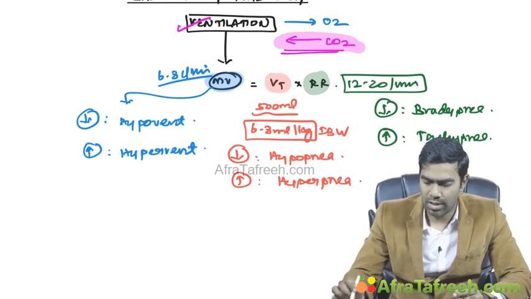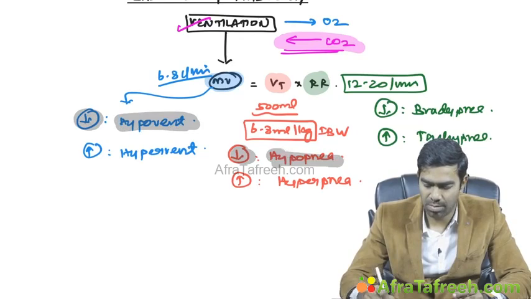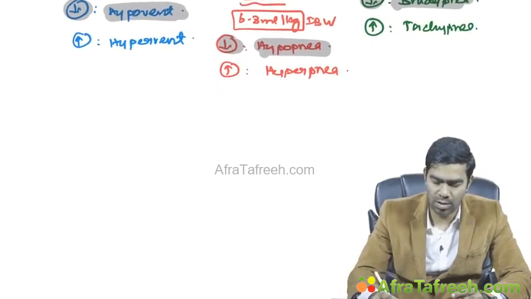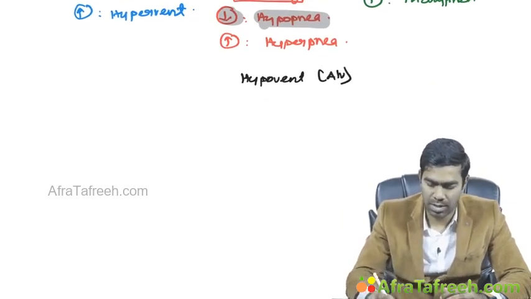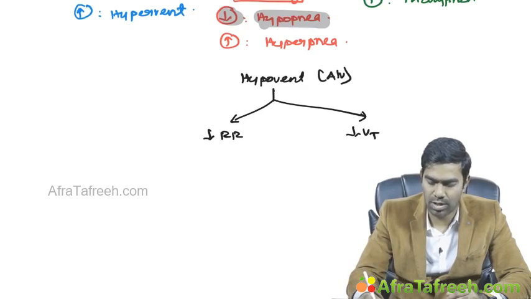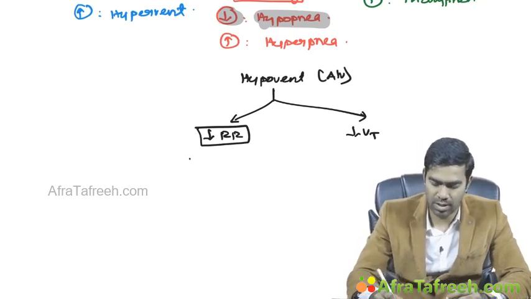So the causes of hypoventilation might be either hypopnea or bradypnea. Whenever you say the term hypoventilation, you can add the prefix alveolar: alveolar hypoventilation. It can be due to two causes, either reduced respiratory rate or reduced tidal volume.